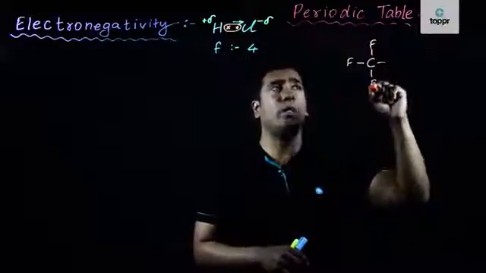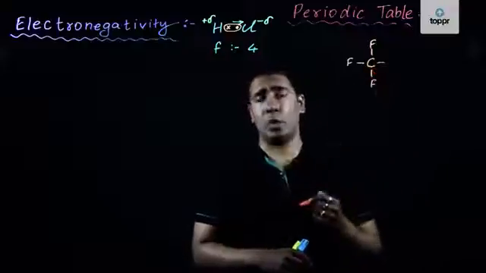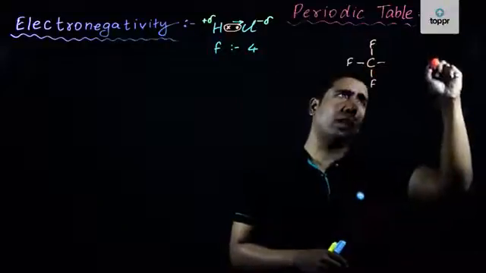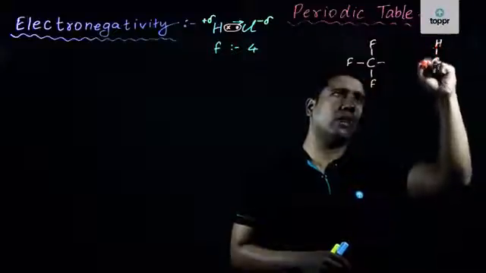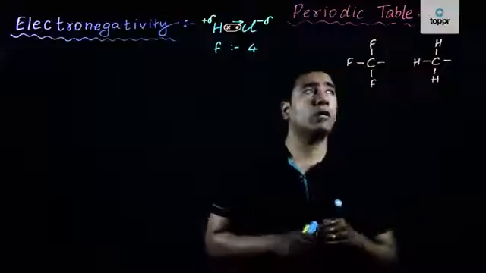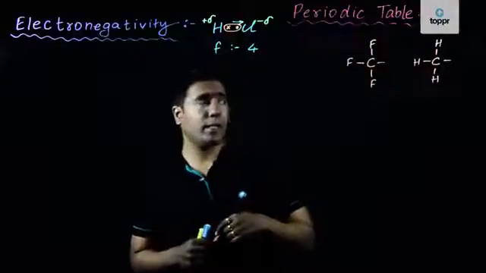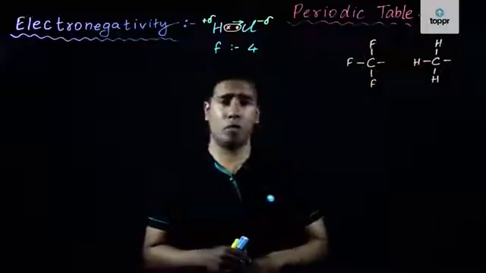Right now we are talking about the electronegativity of the carbon atom, how it changes depending upon which element it is bonded to. Next, let us consider the same carbon atom when it is bonded to 3 hydrogen atoms. So here we have the 1st hydrogen atom, the 2nd hydrogen atom, the 3rd hydrogen atom. Here the same carbon atom is connected with 3 hydrogen atoms, and there with 3 fluorine atoms.